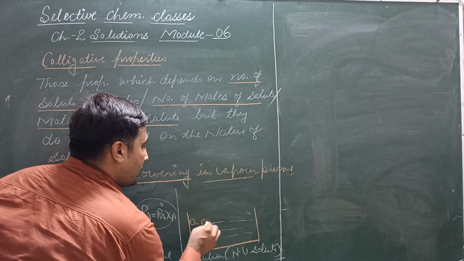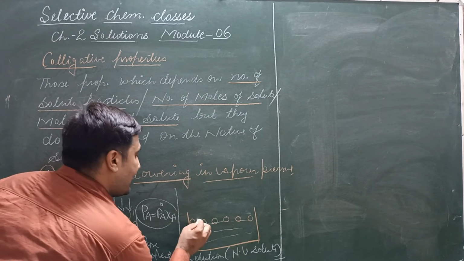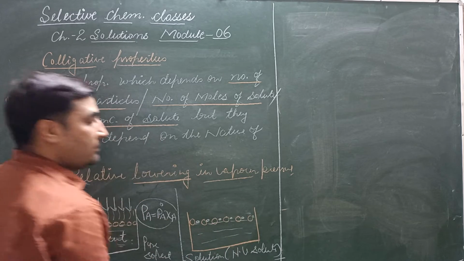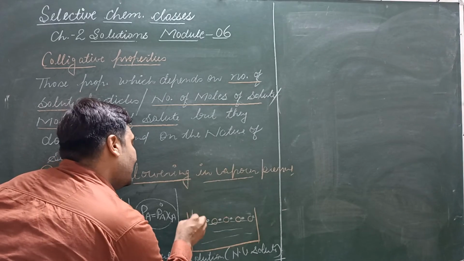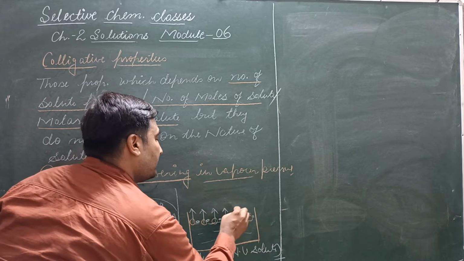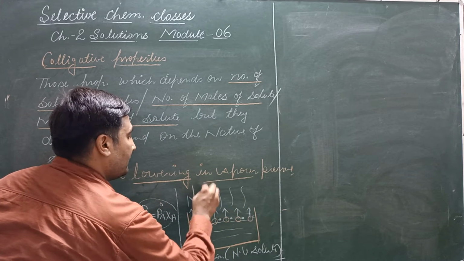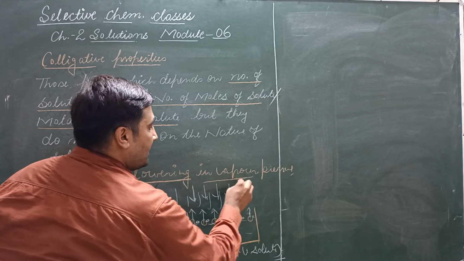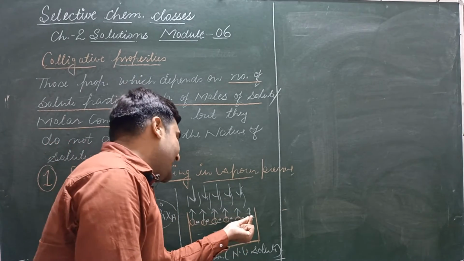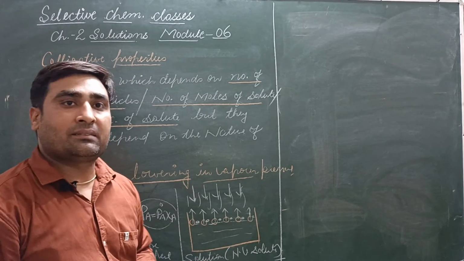Here the solvent molecules are shown by these dots and these are the solute molecules. Only the solvent molecules will form vapor and they will exert pressure over the surface of the liquid. But the vapor pressure gets decreased because some of the space has been occupied by the non-volatile solute which does not go into the vapor state.